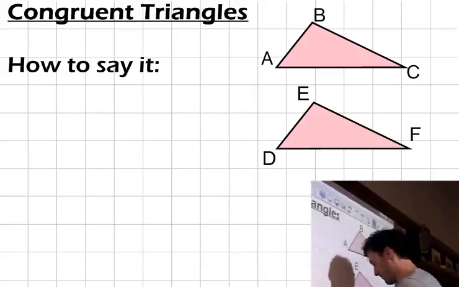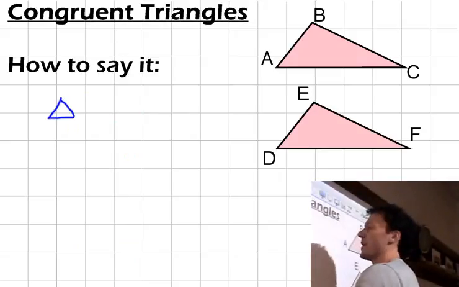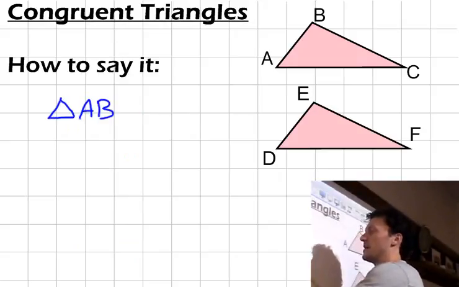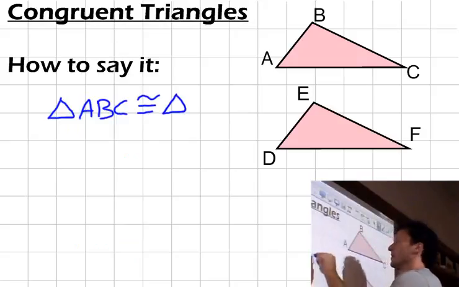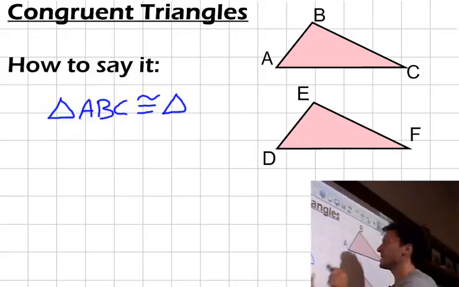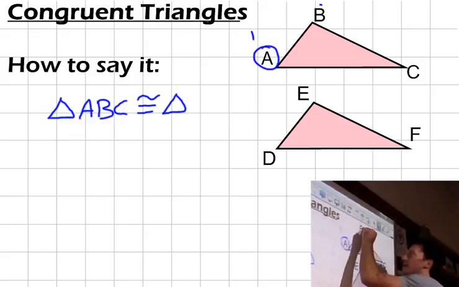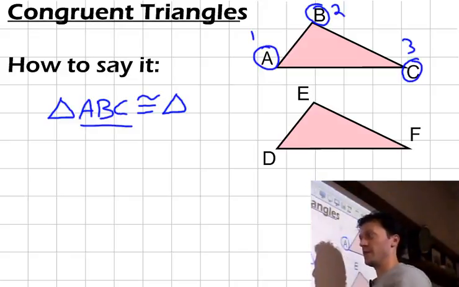How do we say it, or how do we write it down? Well, we would say triangle ABC is congruent to triangle DEF. Now this is important. I said A first, then B, then C, in that order when I wrote it out.